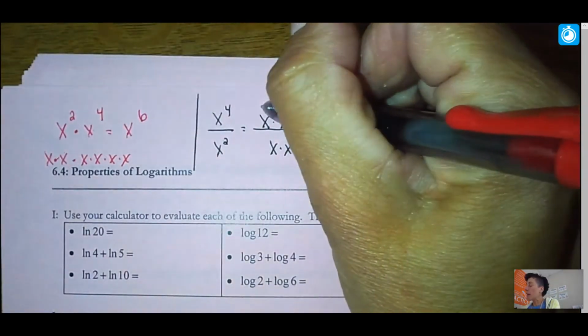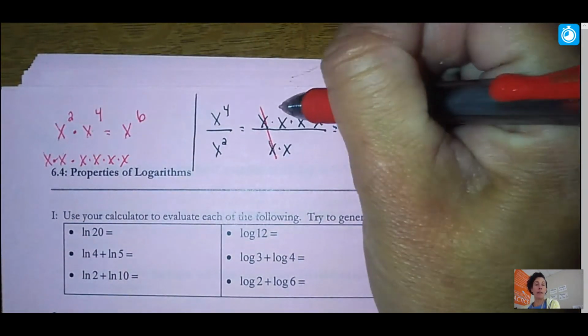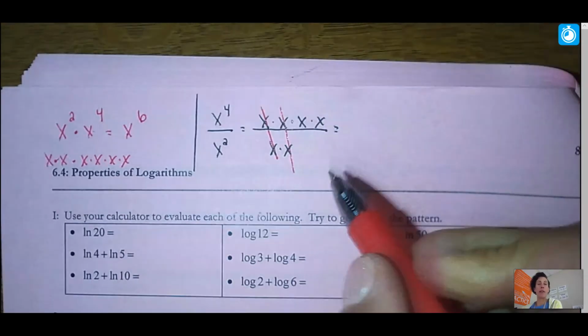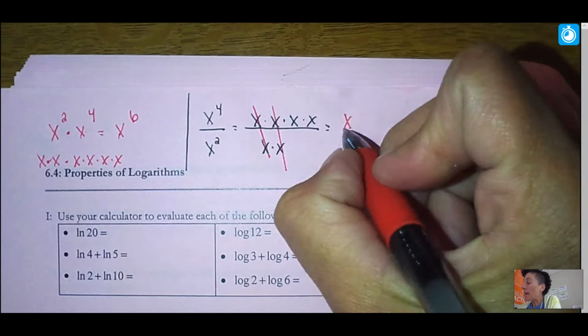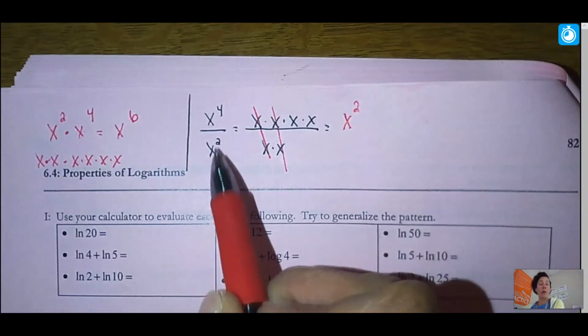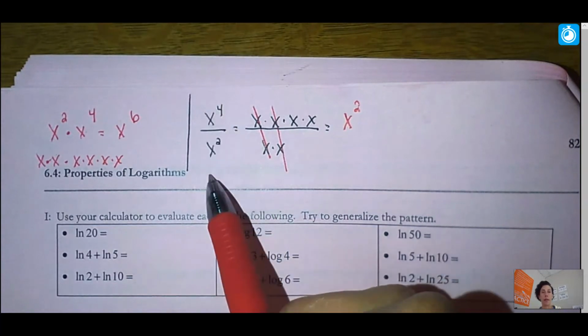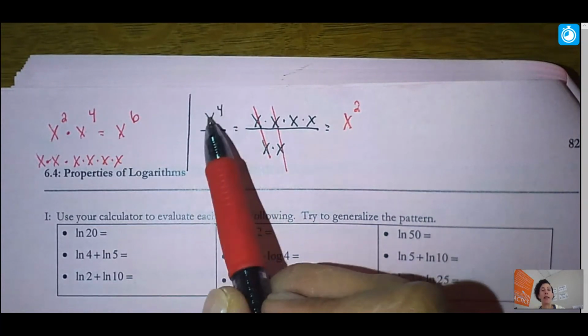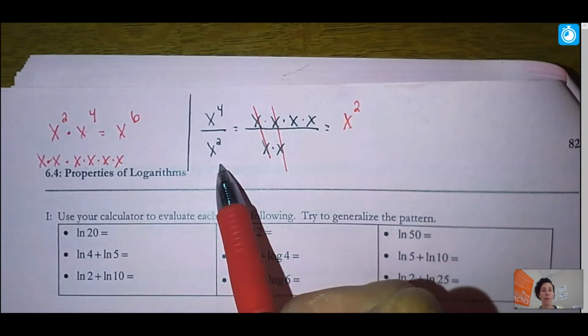This factor can take out this factor because anything divided by itself is 1. And then these could cancel each other out. So when I'm done, I have 2 x's left, and I have them in the numerator. The shortcut, called the quotient rule, the quotient property, says if it's division of the same base, you can just subtract these exponents. All right? And this works.